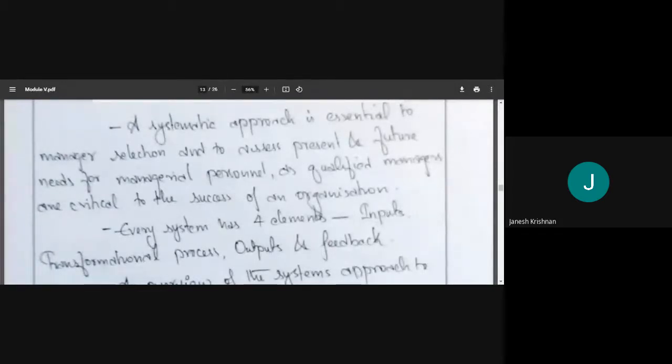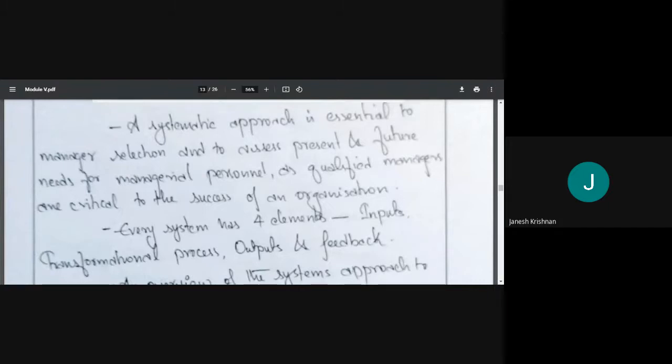So a systematic approach is essential to manager selection and to assess the present and future needs for manager personnel. Okay? Because getting a qualified person is critical for the success of an organization, and getting him is also difficult. Right? A good employee will have many opportunities. So identifying a good employee and getting him to an organization is a task in itself.